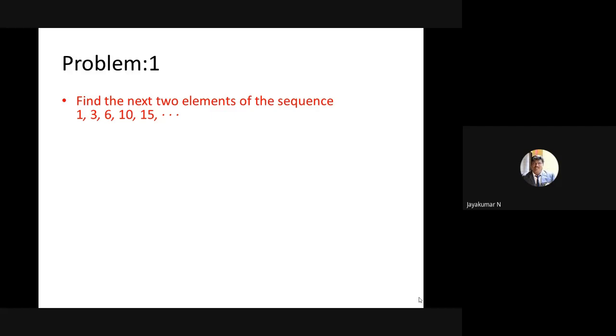This is a 2-mark problem. This type of problem you may get in your aptitude examination. Please anyone unmute and answer me, at least by chat. 21, 28. Okay, reason.